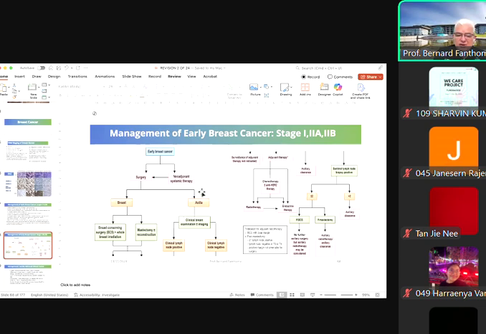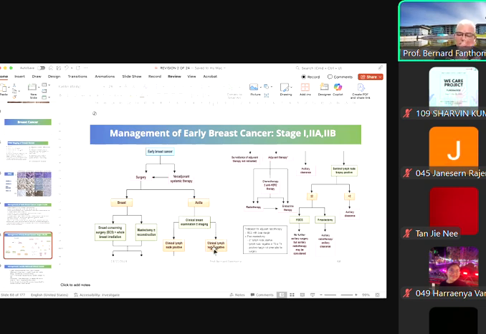Then what is to be done for the axilla? It is based on the clinical staging of the axilla. If axillary nodes are palpable and FNAC is positive, then it is categorized as a clinically positive axilla. If no nodes are seen, or if nodes are seen on ultrasound or palpable but FNAC is negative, it is classed as a clinically negative axilla.